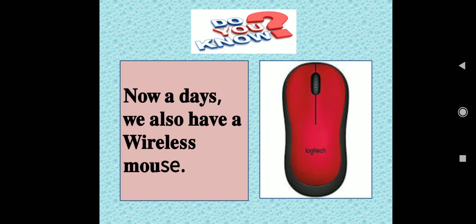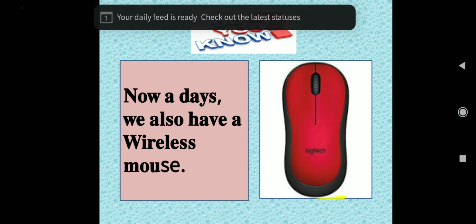Remember, while holding the mouse, hold the mouse gently. Put your index finger on the left mouse button and the middle finger on the right mouse button. Do you know nowadays we also have a wireless mouse which is without wire.